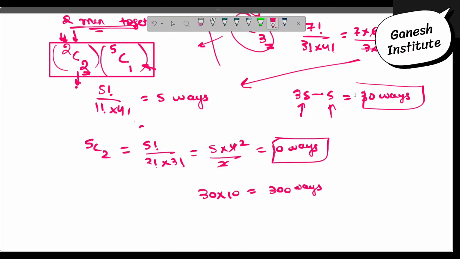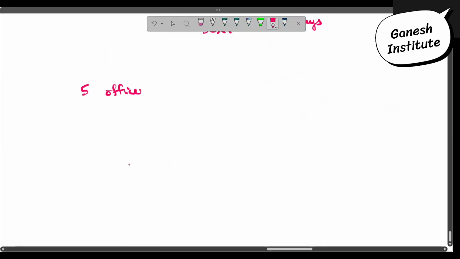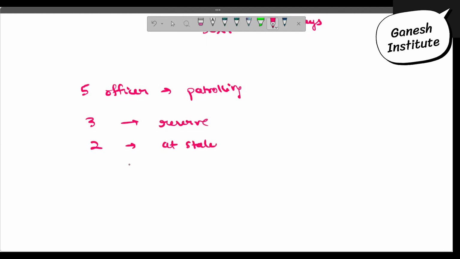Now, what will happen? It is the condition that there's a policy of the department that 5 officers will go on patrolling job, and then 2 of them will work in office full time at the station, and 3 of them will reserve the station. 3 will be in reserve so that if an emergency comes, they'll move, and 2 of them will be on duty at the station.